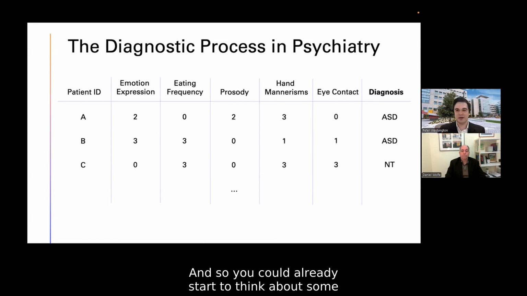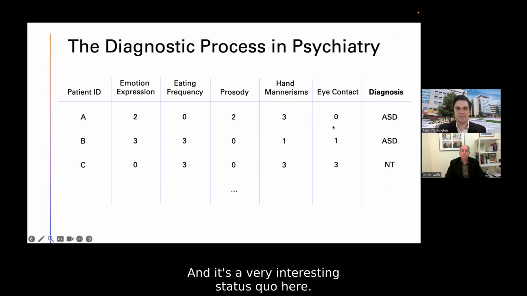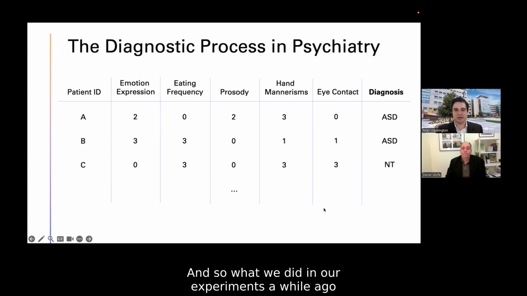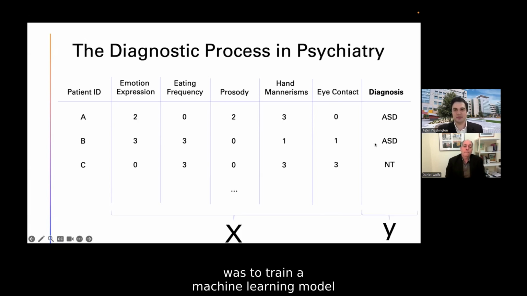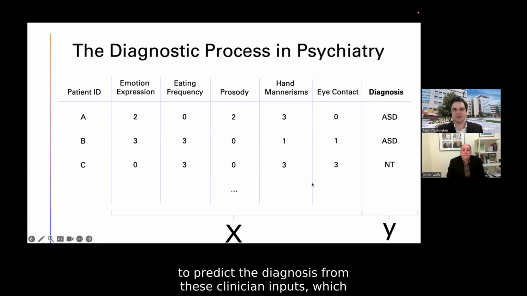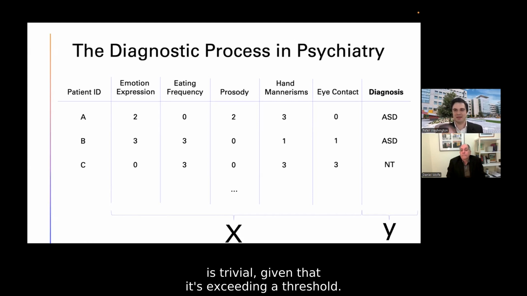And so you could already start to think about some of the challenges here in terms of machine learning. And it's a very interesting status quo here. And so what we did in our experiments a while ago was to train a machine learning model to predict the diagnosis from these clinician inputs, which is kind of trivial given that it's exceeding a threshold.